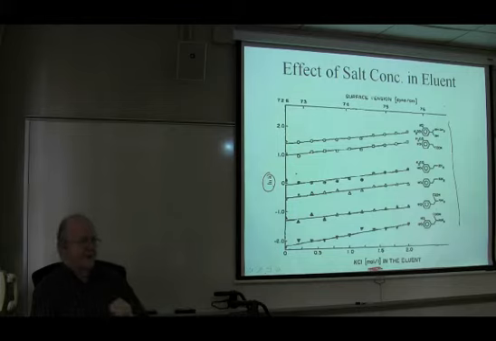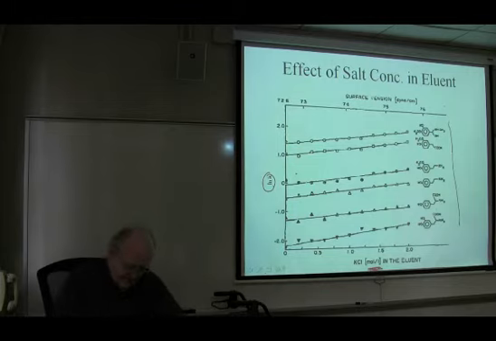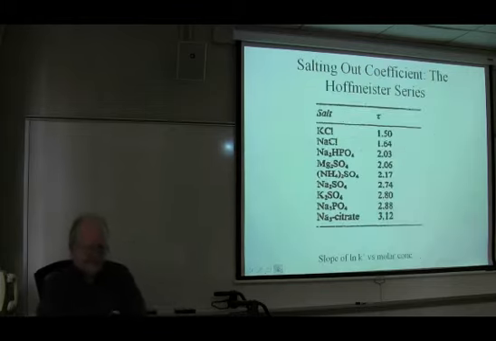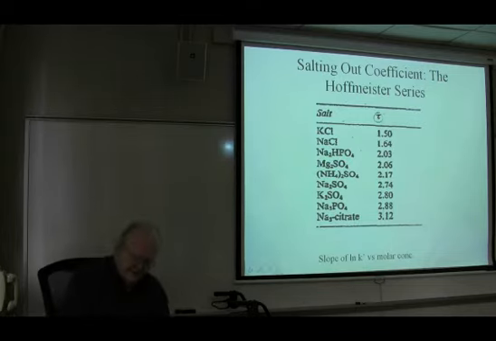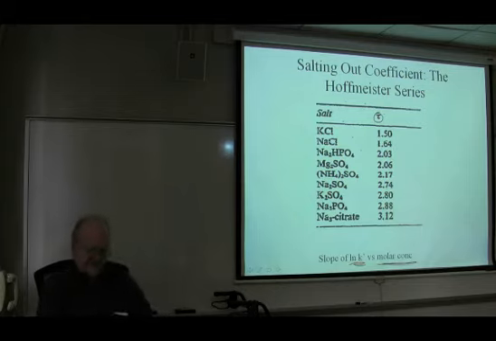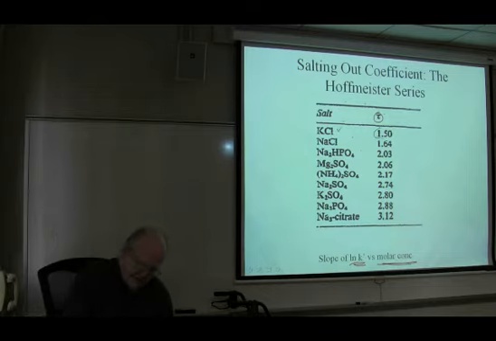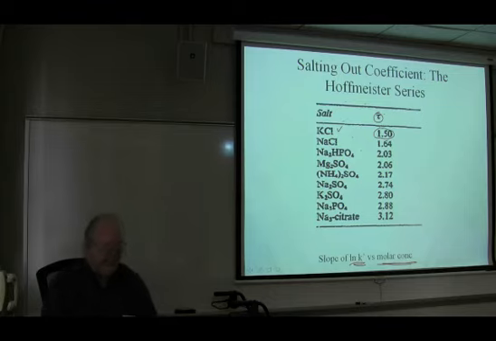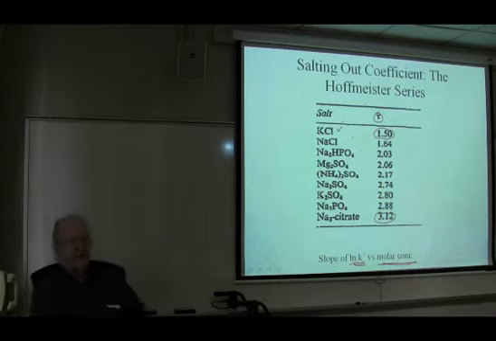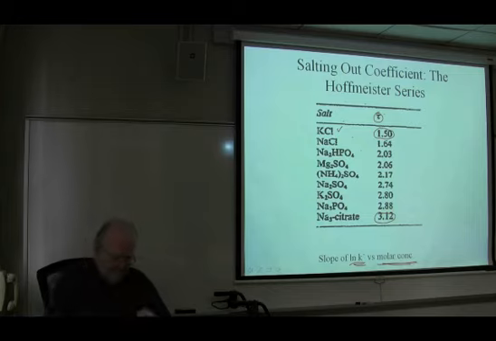In fact, biochemists have looked at this very seriously. This tau value is the slope of the natural log versus the molar concentration of the salt that's added. You see that potassium chloride actually has the lowest slope, and something like tribasic citrate has the highest slope. This coefficient is known as the salting out coefficient.